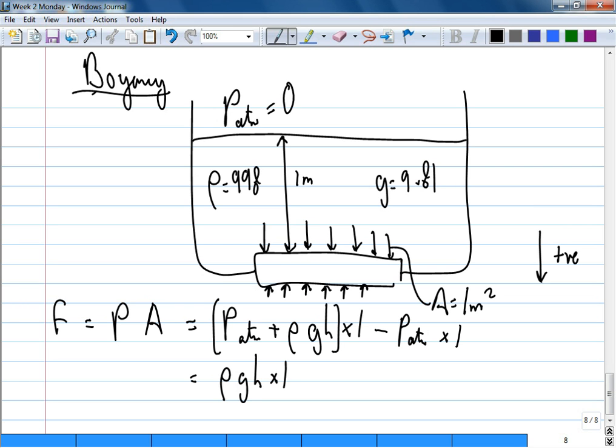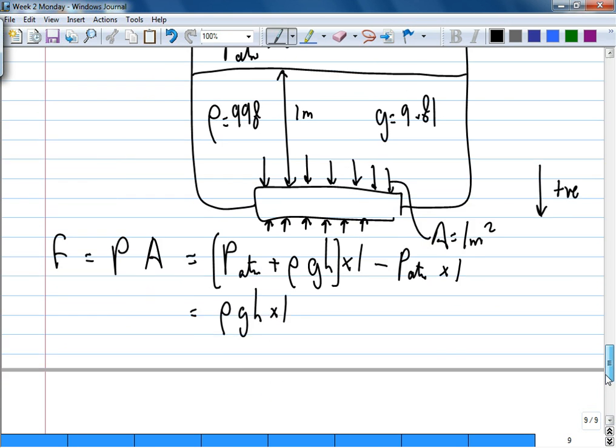If you really want to use absolute pressure, I won't stop you, but make sure you consider the other side and what's happening there also. Otherwise you can go straight to this one and set P atmosphere as 0. This doesn't cancel out.